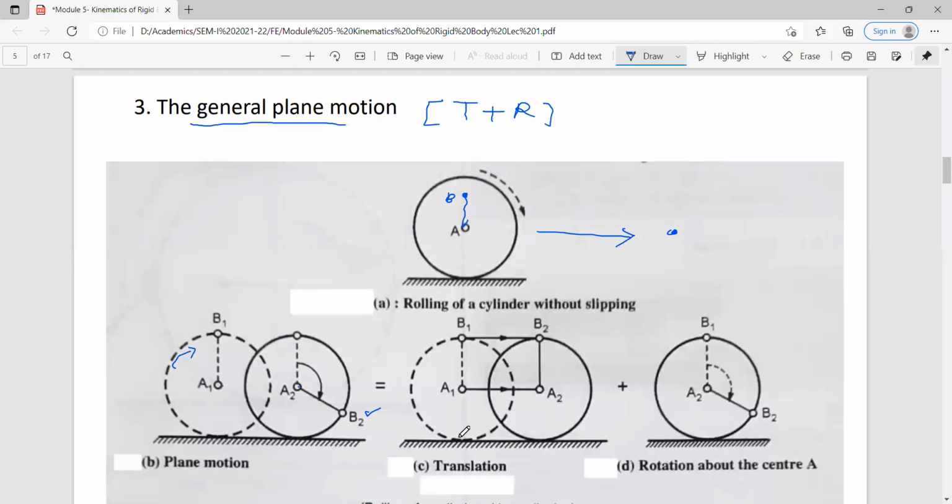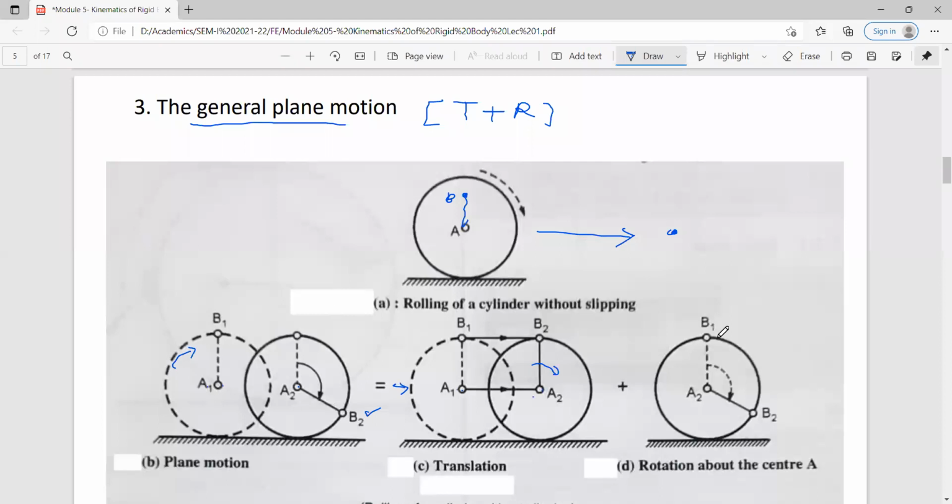Just like the cylinder, you did not let it roll; you just pushed it from here. By slipping action it came to this position, A1 to A2 and B1 to B2. So it is the translation motion. After that, you simply rotated the cylinder at this position about point A2, in its place. You did not allow it to move forward.